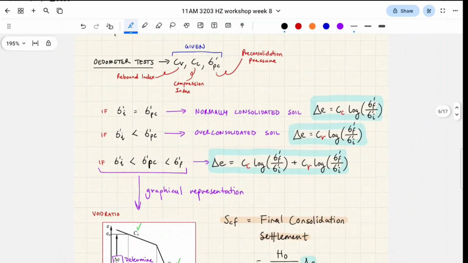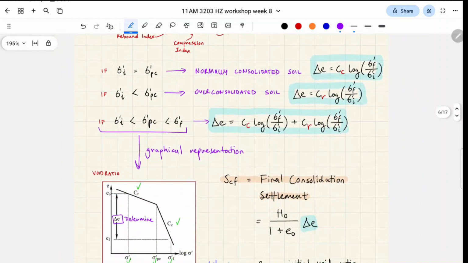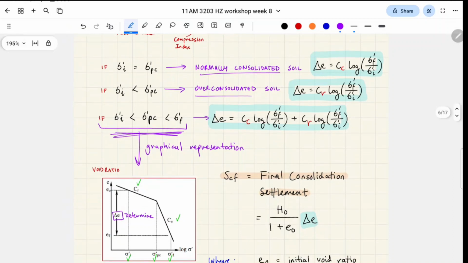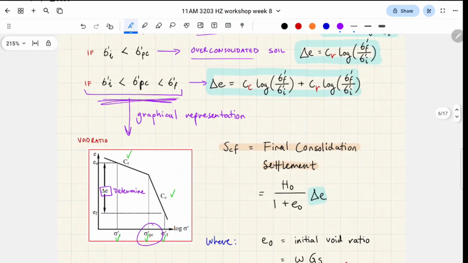Essentially, you have normally consolidated clay and you have over consolidated clay. But sometimes you can have clay where, how do I say this? There's basically a pre-consolidation value, sigma-PC, which is given, okay?